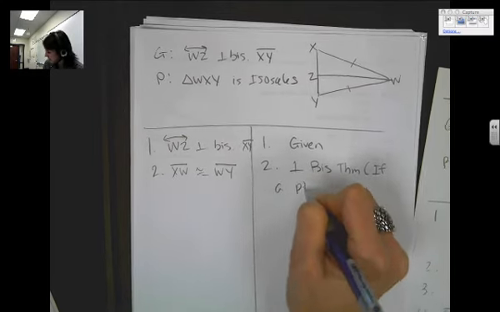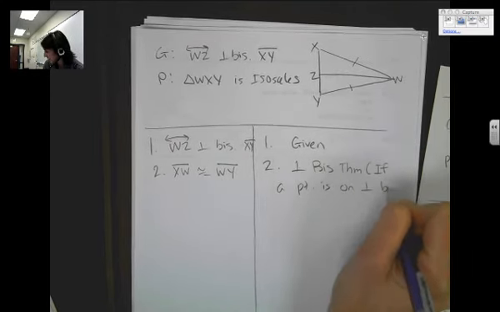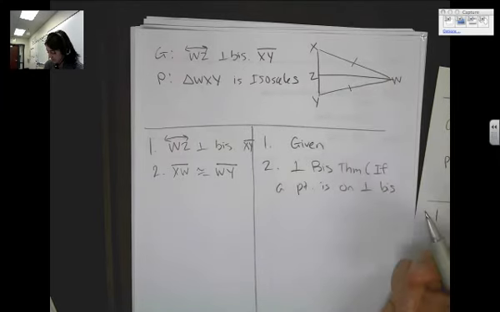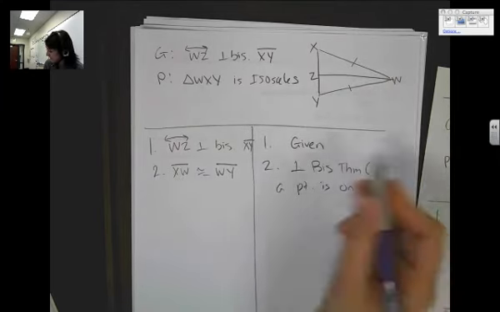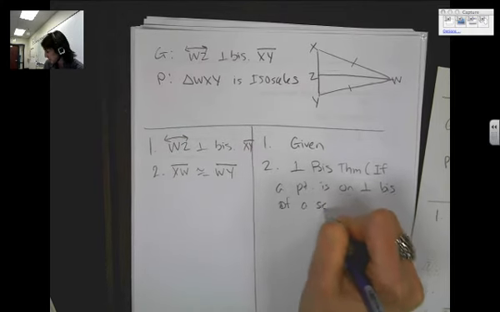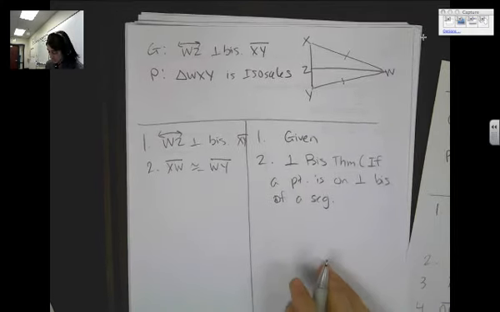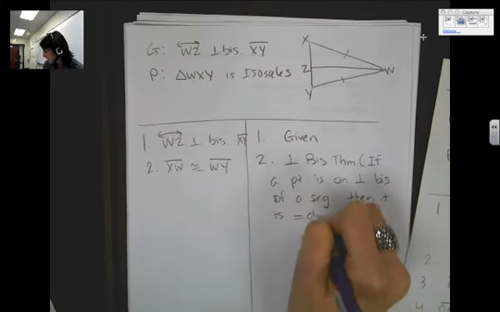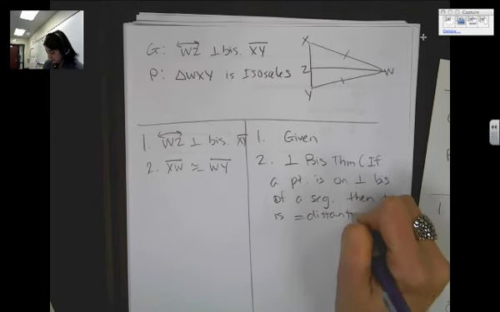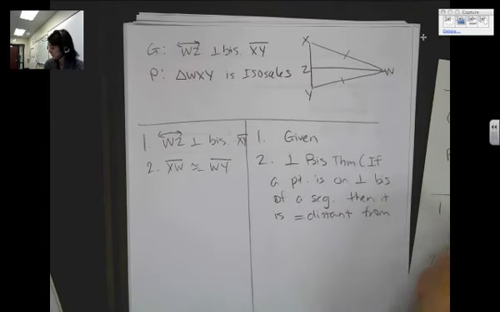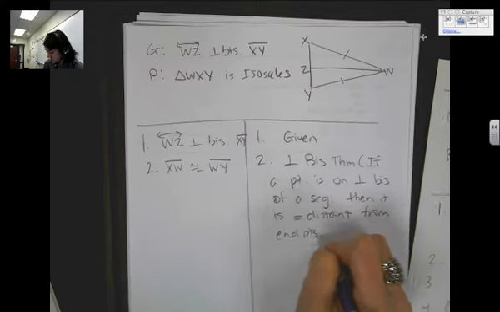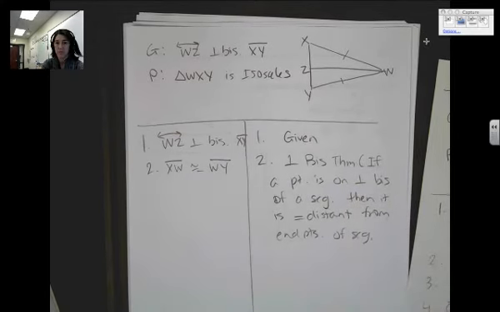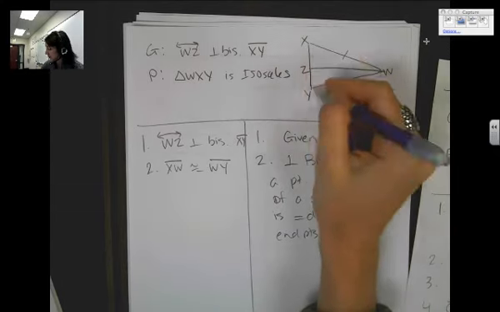If a point is on the perpendicular bisector, which it is, that was given, that W is on the perpendicular bisector of a segment, then it is equidistant from the endpoints of the segment. So it's equidistant to X and Y.